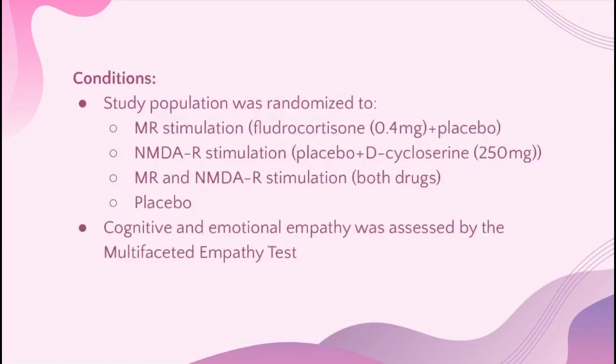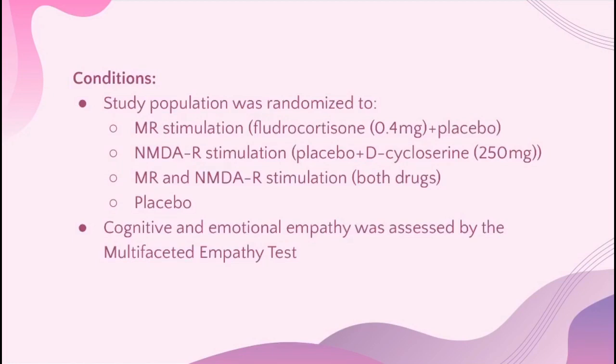The conditions of the study are that the study population was randomized to MR stimulation, NMDAR stimulation, MR and NMDAR stimulation, and a placebo group. So the MR stimulation group was given fludrocortisone 0.4 milligrams and the placebo.